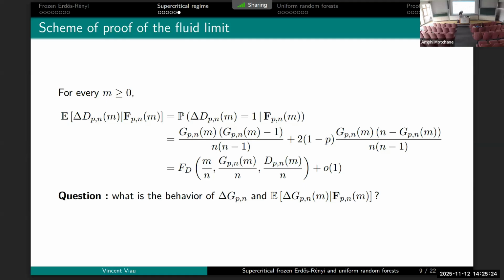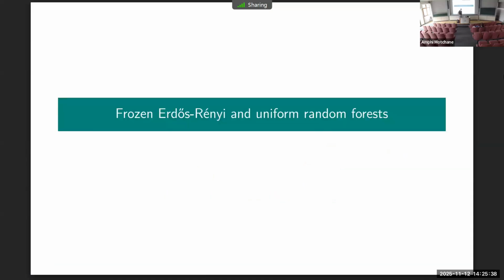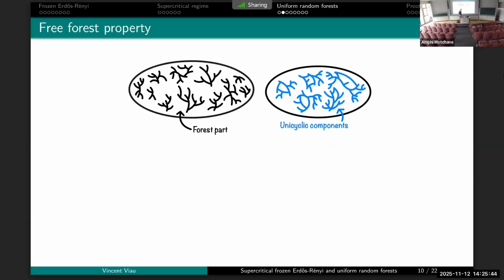Okay, so now our goal is to understand the behavior of the jumps of the number of frozen vertices. Here we are going to use the relation with the uniform random forest and try to study it. The observation is that in your frozen Erdős-Rényi graph, the number of frozen vertices only increases as some tree becomes frozen. Either you create a cycle in a tree, or a tree is attracted by vertices that are already frozen.